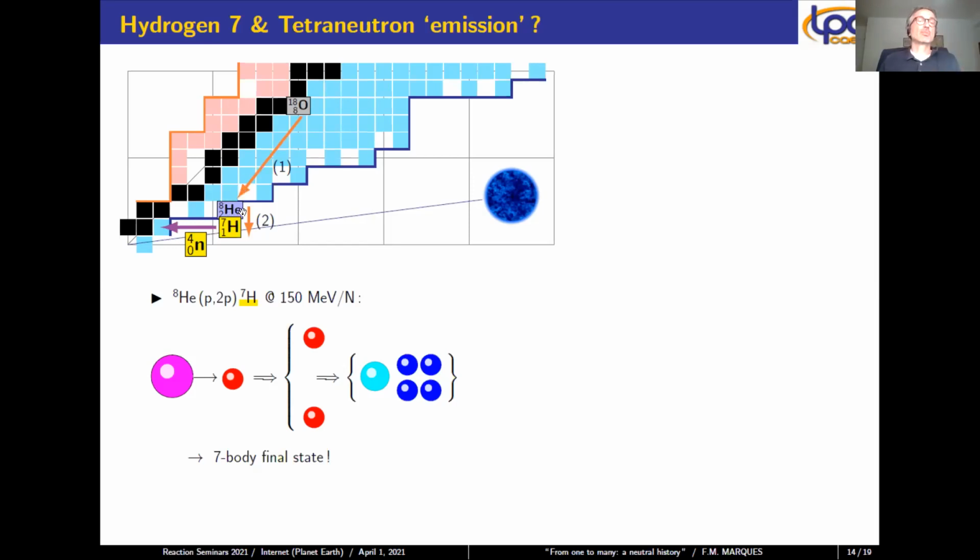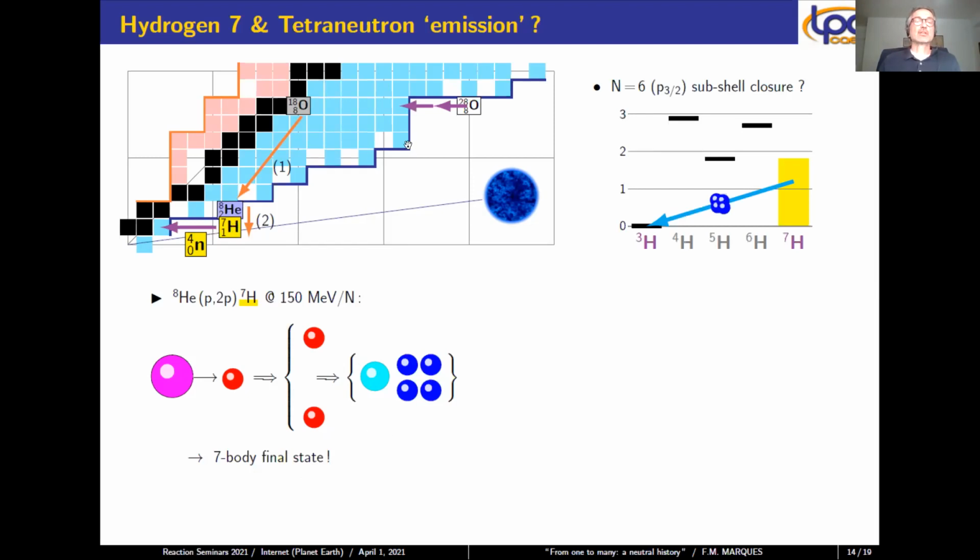We are going to make this helium-8 secondary beam, and then we are going to remove one proton in order to create hydrogen-7. The proton from the target and the proton removed will be detected too, and then we will measure this decay of hydrogen-7 into a triton and 4 neutrons. So you see that the final state is 7 bodies. 1, 2, 3, 4, 5, 6, 7.